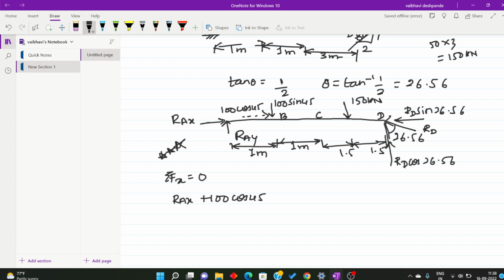Here it is acting towards negative x, so minus RD sine 26.56 equal to 0. Let us call this equation 1.